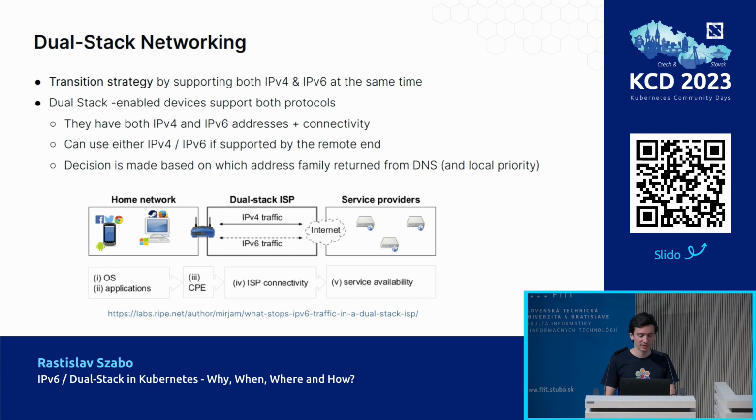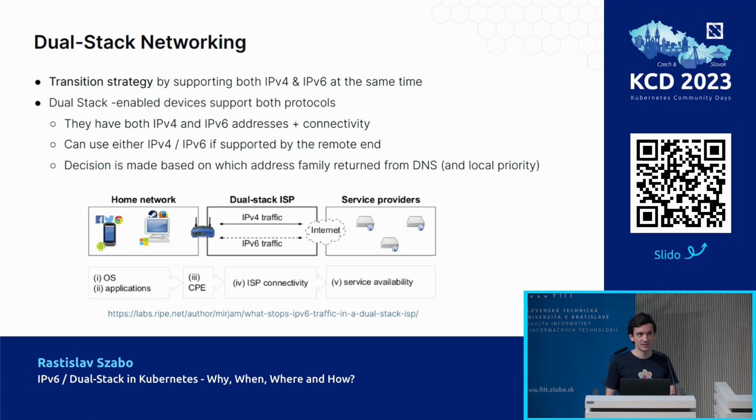But for that to work, we need support in multiple places. If you take a look at this picture, on the left side we have some home network with network devices like mobile phones and laptops in our home, and on the right side we have some service provider. So first of all, if the right side is some Kubernetes cluster which is providing some service, that itself needs to have IPv6 or DualStack support.